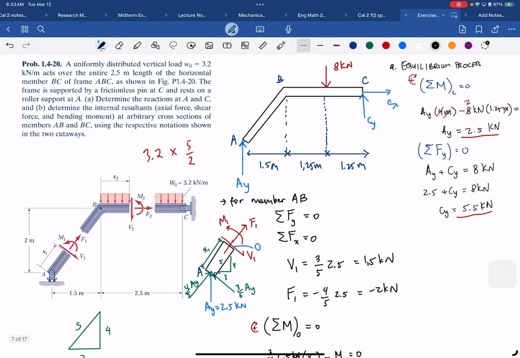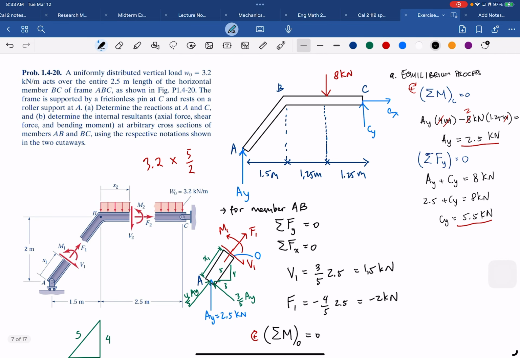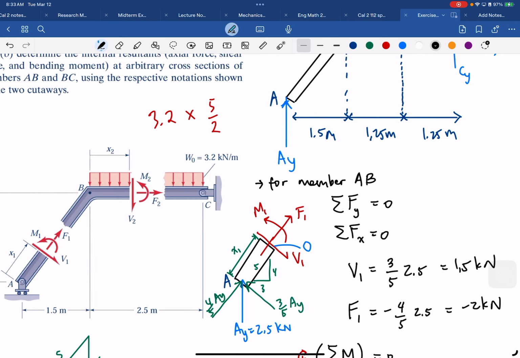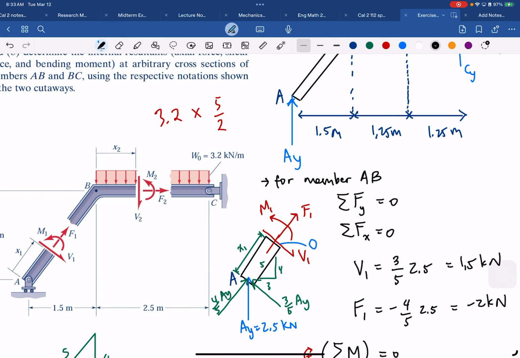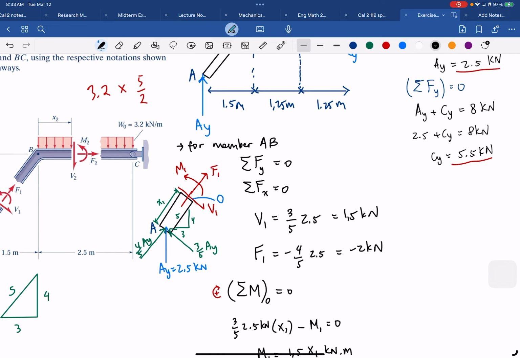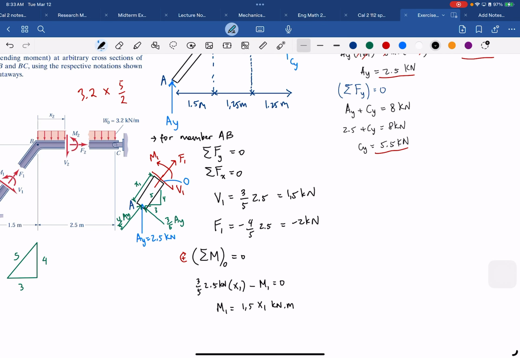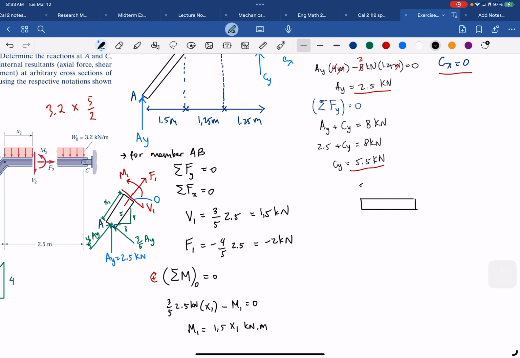Okay, we still have one more additional internal resultant for the BC. So BC is that way. So we are going to write here, let's say, member BC.